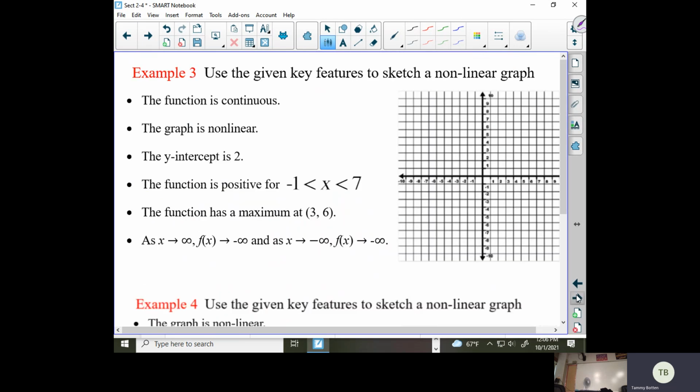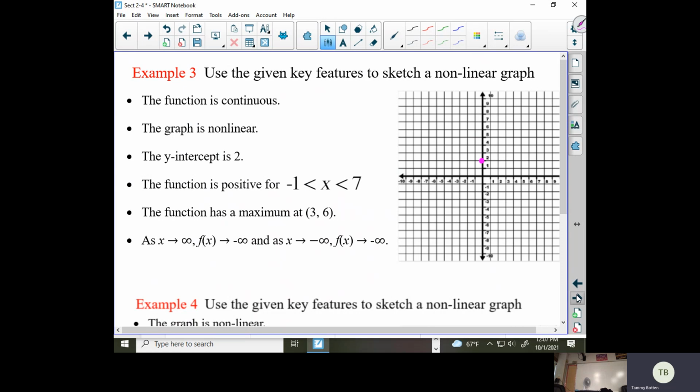So here it says it's continuous, so that means through our points we have to have that curve. The graph is nonlinear, which means that it's either going to be that V shape or the parabola. And they tell us my y-intercept is 2. So I go on my y-axis to where it's 2, okay?